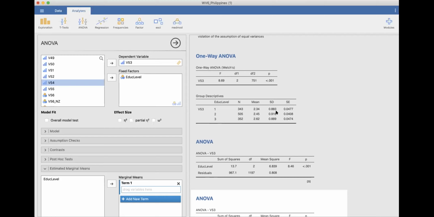Remember, 1 is grade school, 2 is high school, 3 is college and below. Remember, the lower the mean, the more they agree that men make better executives than women. What kind of conclusions are you seeing? Or we can't conclude yet because we haven't done post hoc, right? But from the means, what does it seem like? Anyone?